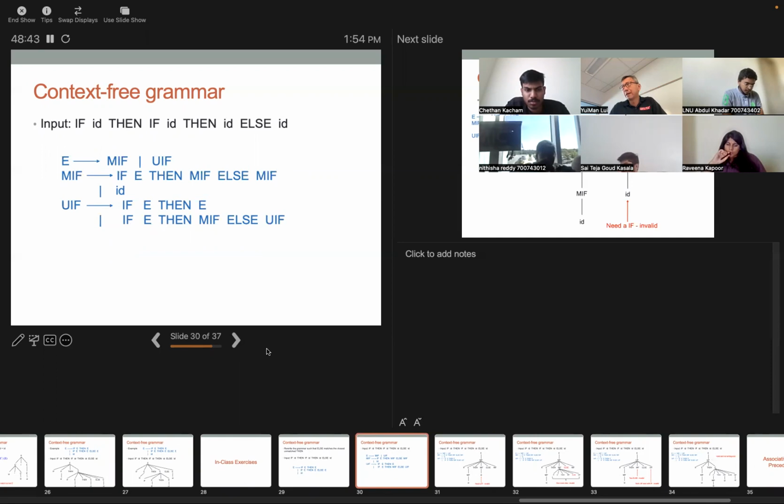So it's not going to match at the first level, so you have to try them both. MIF goes to if E then MIF else MIF, or ID. And UIF goes to if E then E, or if E then MIF else UIF. Okay, so we've got to examine that.